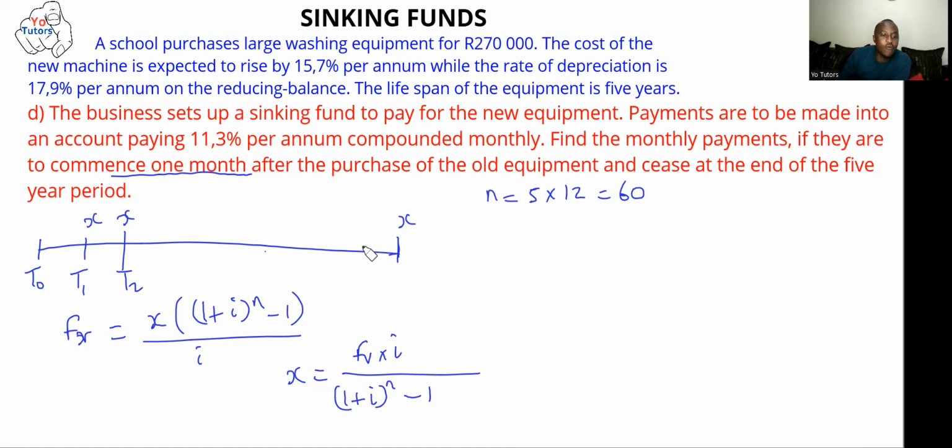So for now, we know that our i is equal to 0.113 over 12.